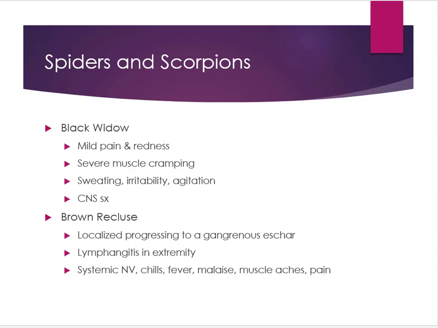There can be lymphangitis in the extremities. There can be systemic nausea and vomiting, chills, fever, malaise, muscle aches, and pains. These wounds tend to heal without too much issue after, but you will note the necrotic areas. They require tetanus prophylaxis, pain medicine, the use of ice or cold compresses, and elevation.